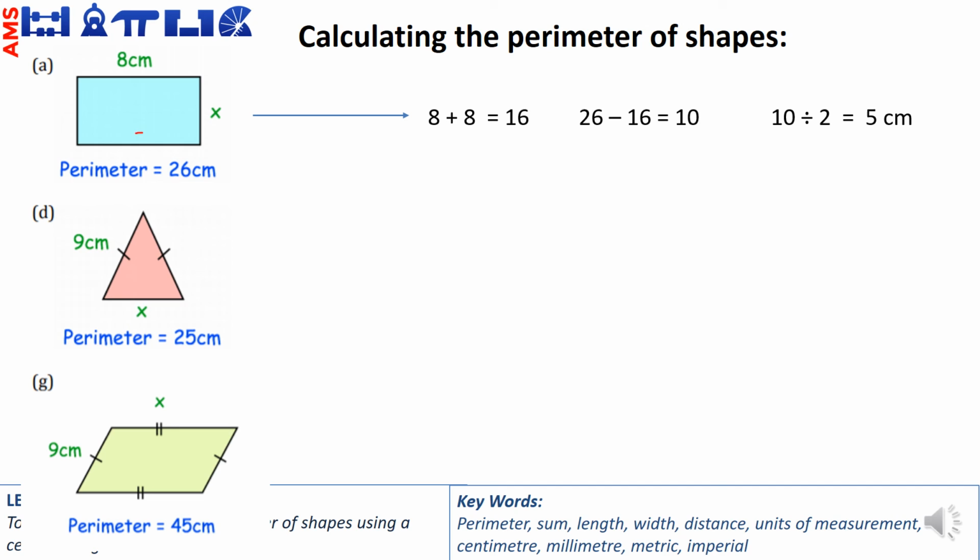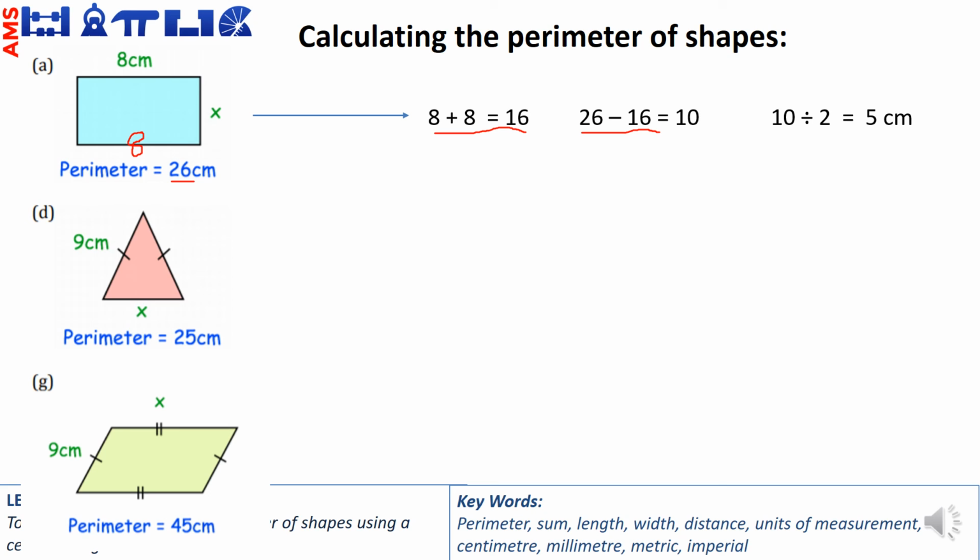This opposite side is 8 centimeters, so we add them together to get 16. It says that the perimeter of the shape is 26 centimeters, and so we can take away the 16 that we calculated initially from 26, and that would give us a total of 10.